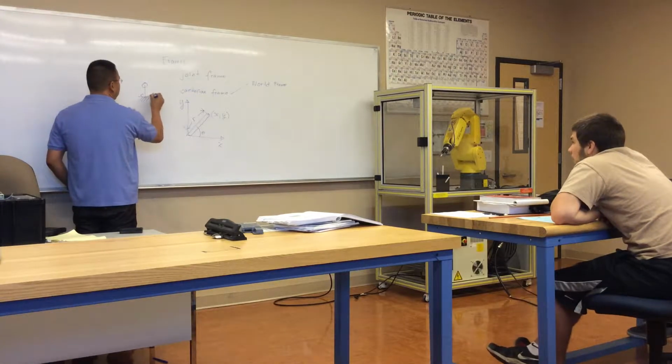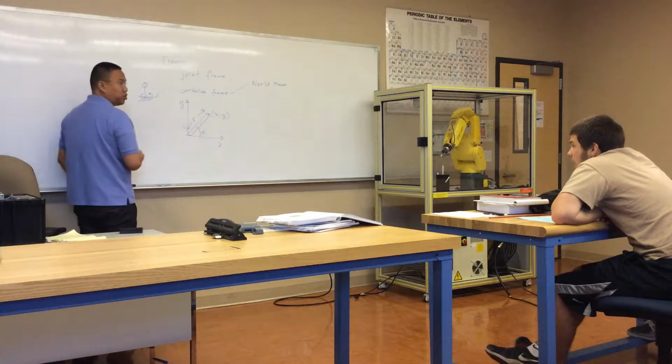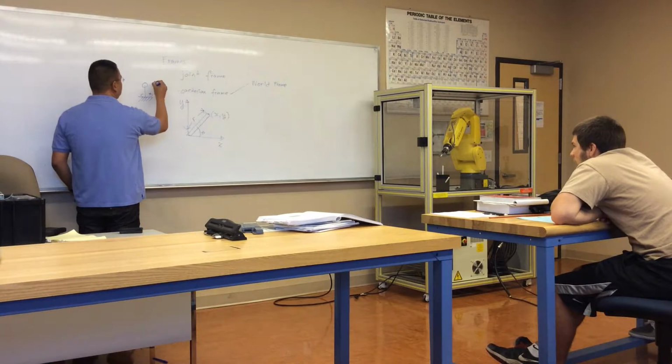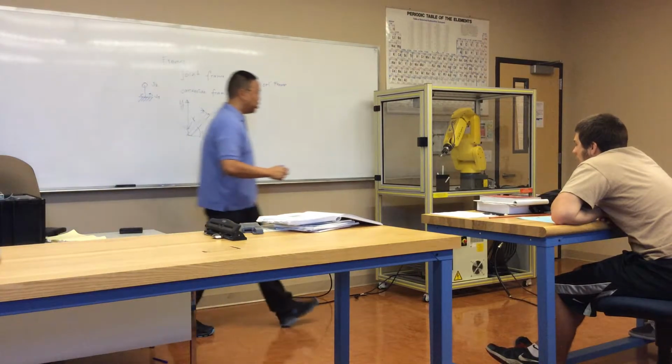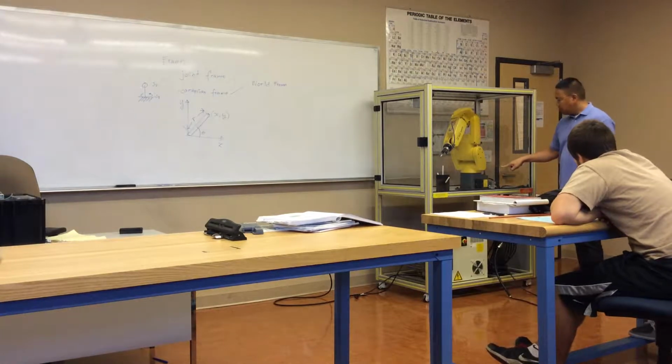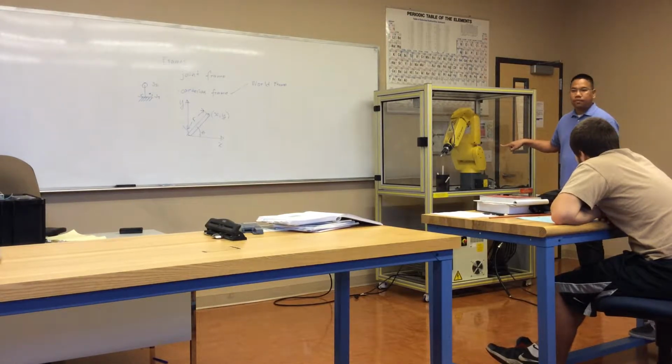So we say that this is joint 1, the waist. This is joint 2.